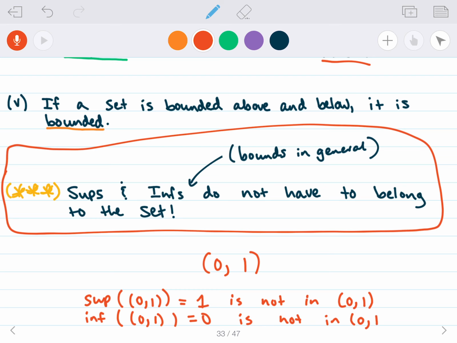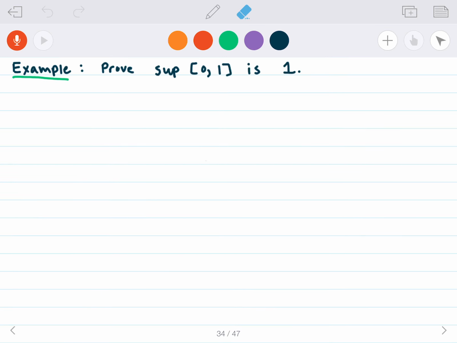And we have no problem with that, okay? So that's the difference between sups and infs versus maxes and mins. Maxes and mins actually have to be in your set. Now, if I change this just a little bit to have these little brackets, well, then my sup and my inf would actually be contained in the set because the brackets say, hey, this number is actually in here. But yeah. Okay, so let's do an example where we actually prove the supremum of the set is some number.